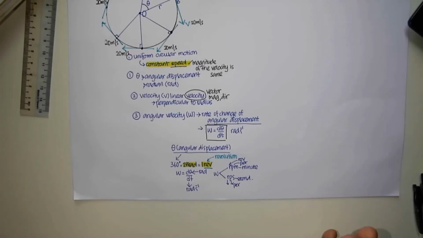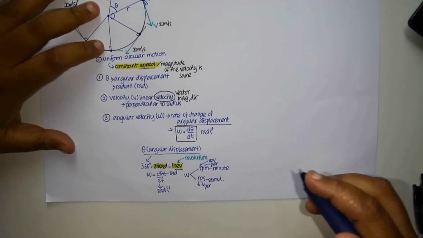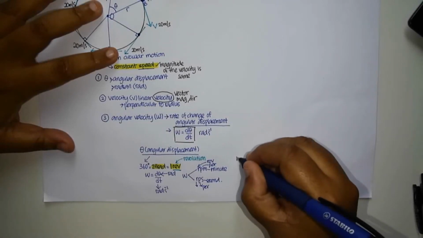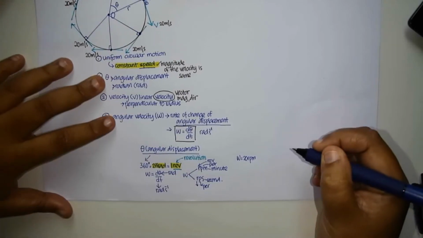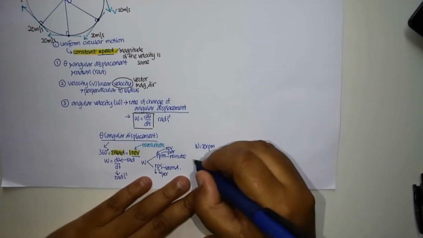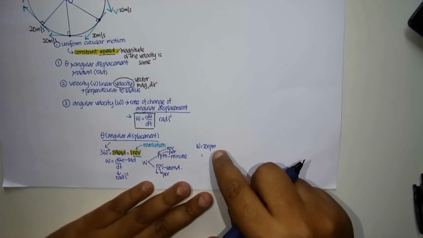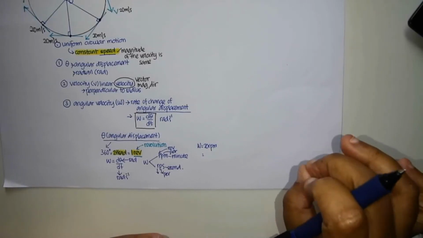But when you solve a question, if it's RPM, you have to convert it to radian per second. For example, if it says omega is 20 RPM, you cannot simply use this in any formula. You have to convert this to radian per second.